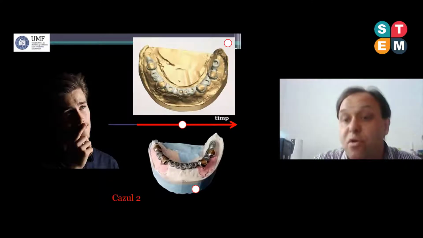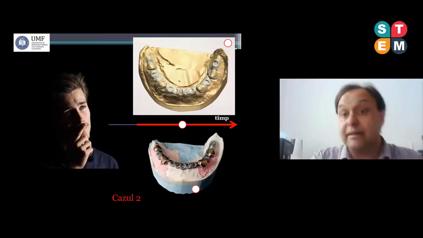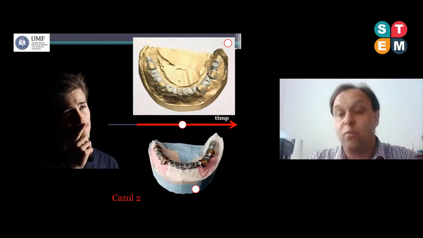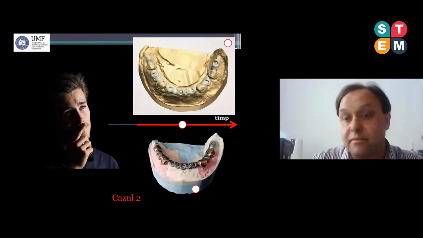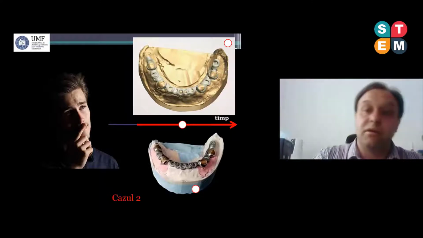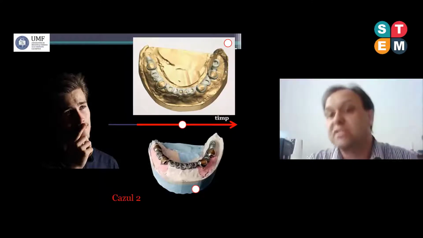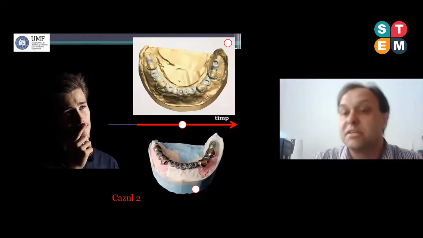It's very important to plan and make a diagnosis, because the end result must be based on a diagnosis, not a reconstruction just to fill the prosthetic space.